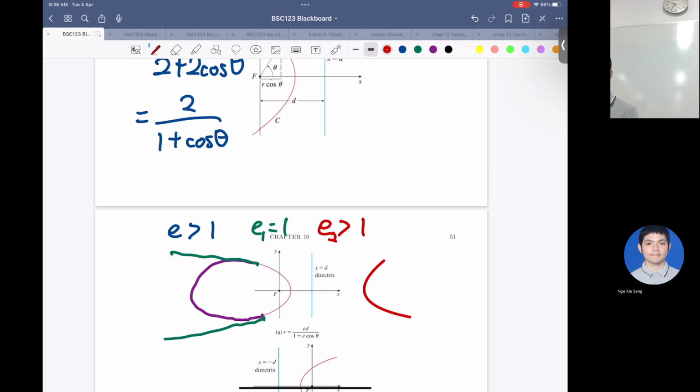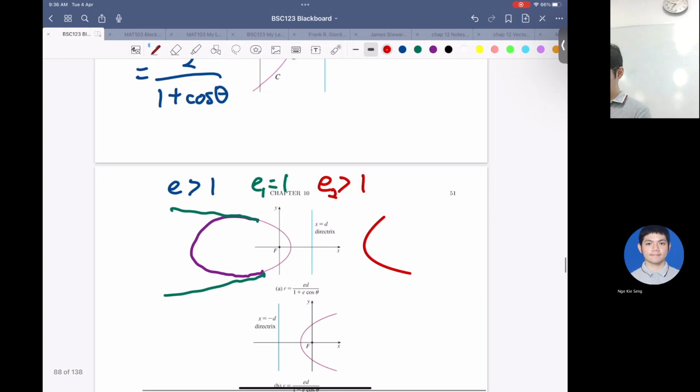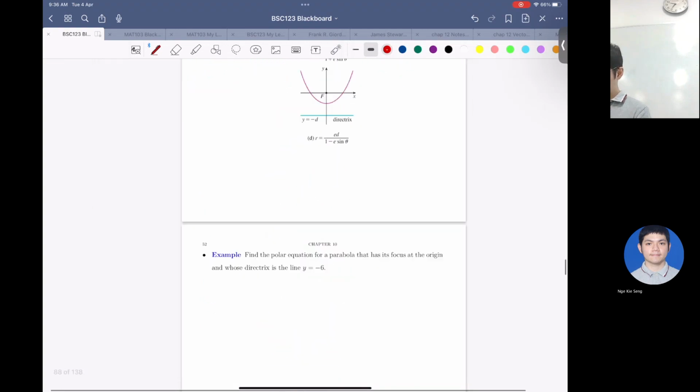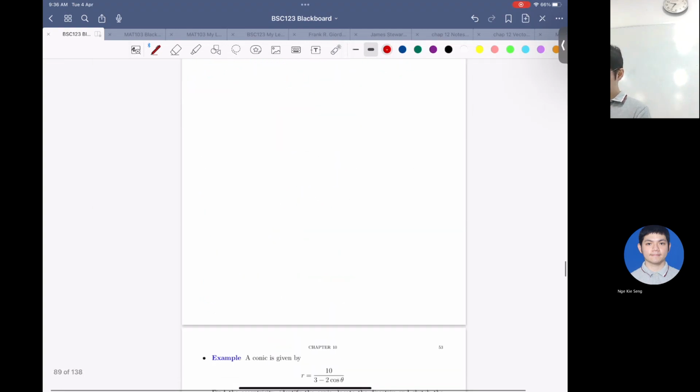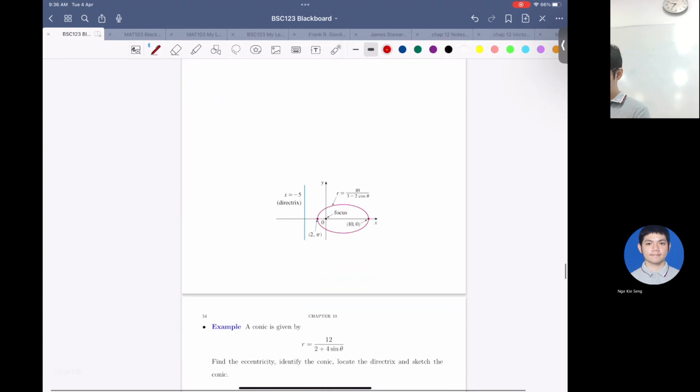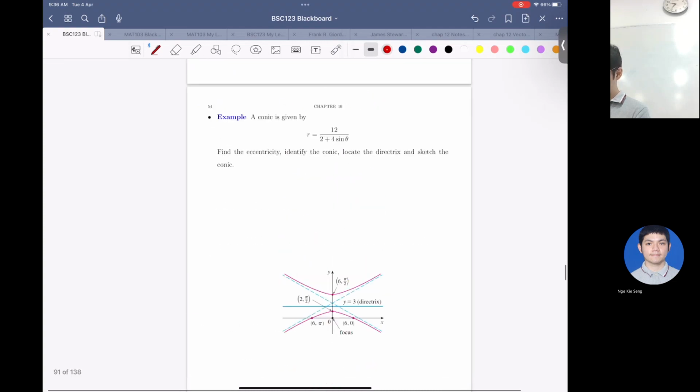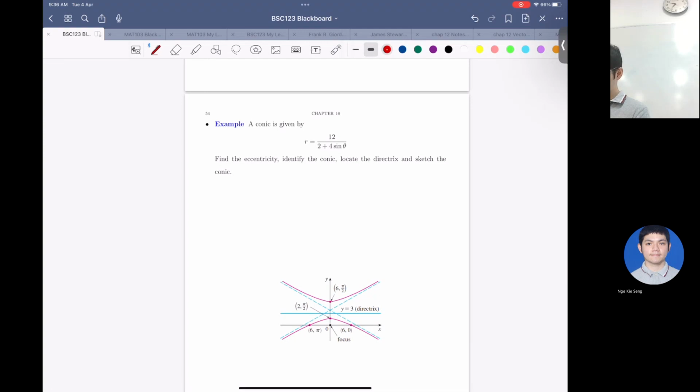So far, still straightforward. Try to work some examples. These questions are just finding the eccentricity, finding which conic you have, meaning what E you have, and then finding the directrix, and so on.